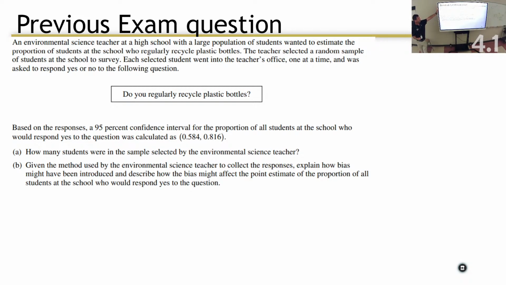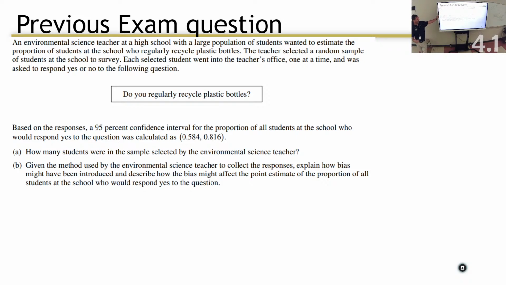Each selected student went into the teacher's office one at a time and was asked to respond, do you regularly recycle plastic bottles? That doesn't sound very good. That sounds like an iffy situation. It sounds like we got bias going on. That's okay. They didn't ask us anything yet. I don't care, but I kind of got that in my head.